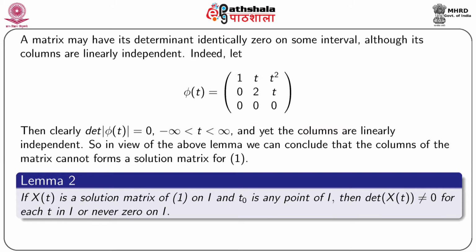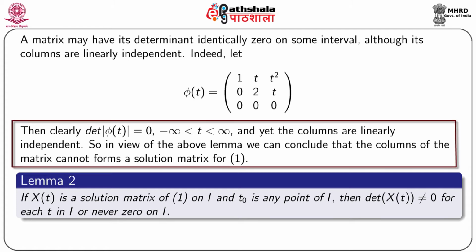Since the third row has all elements 0, it is very clear that the determinant of phi(t) is equal to 0 for all t, and yes, the columns are linearly independent. So, in view of the above lemma, we can conclude that the columns of the matrix cannot form a solution matrix for equation 1.